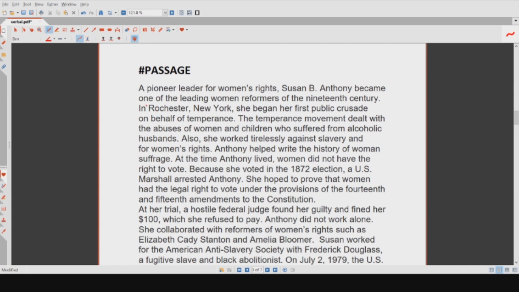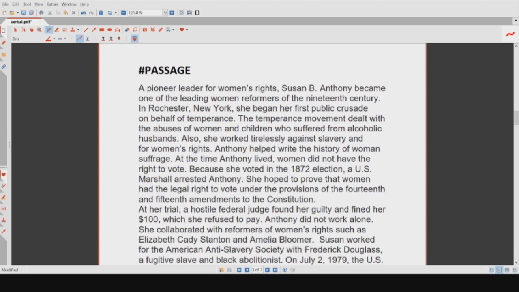So let's start. A pioneer leader for women's rights, Susan B. Anthony became one of the leading women reformers of the 19th century. In Rochester, New York, she began her first public crusade on behalf of temperance.